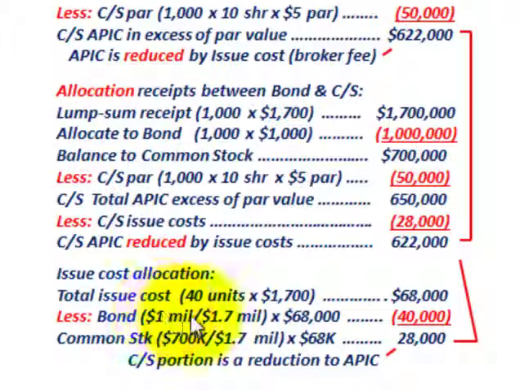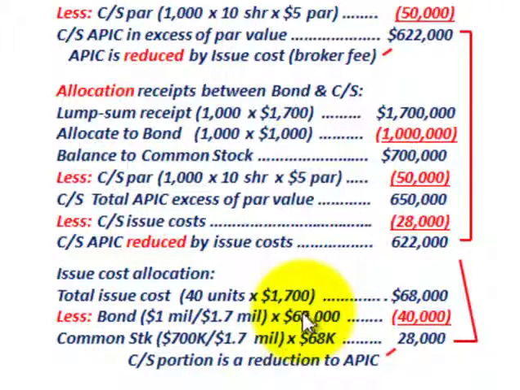With our bond, we have a total of $1 million that we allocated to our bond, and the total receipts of $1,700,000. So the fractional amount, $1 million for the bond divided by the total receipts of $1,700,000, times our total issue cost of $68,000, gives us what we allocate as our bond issue costs at $40,000.